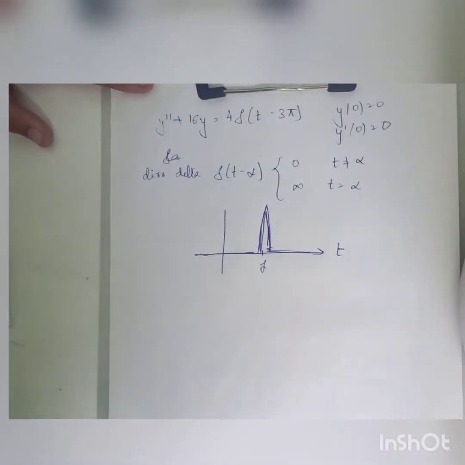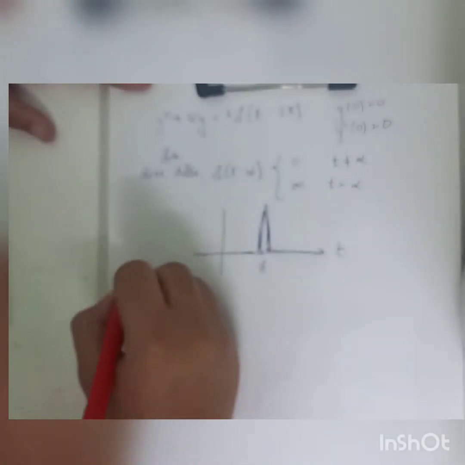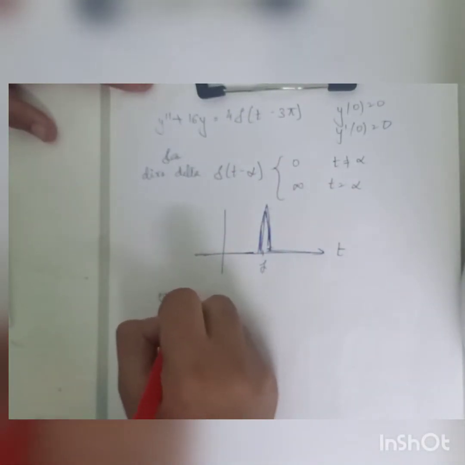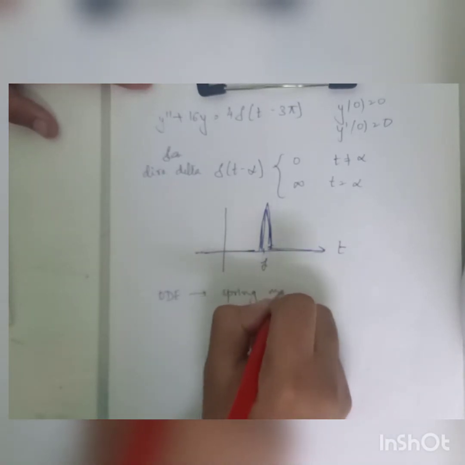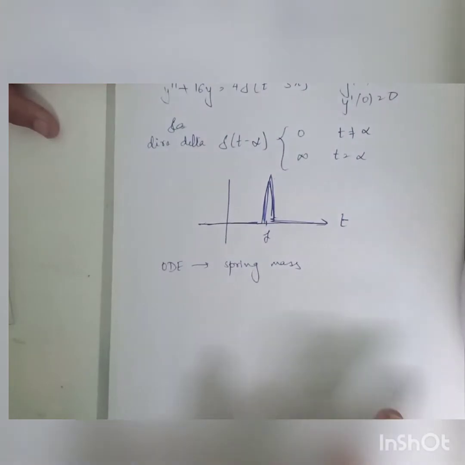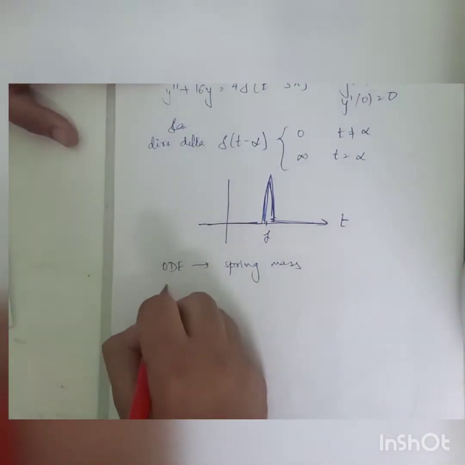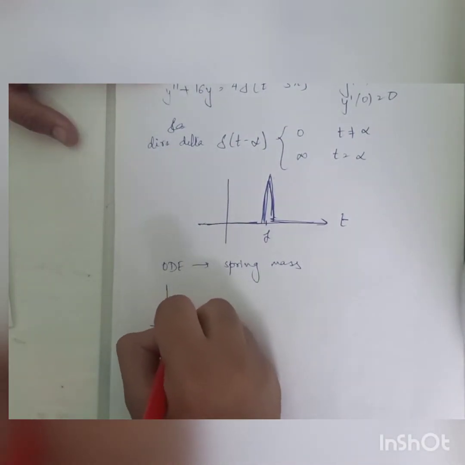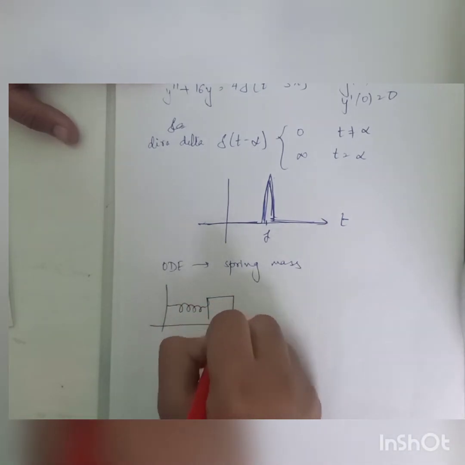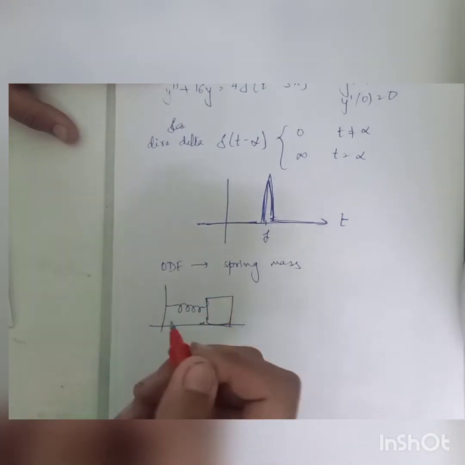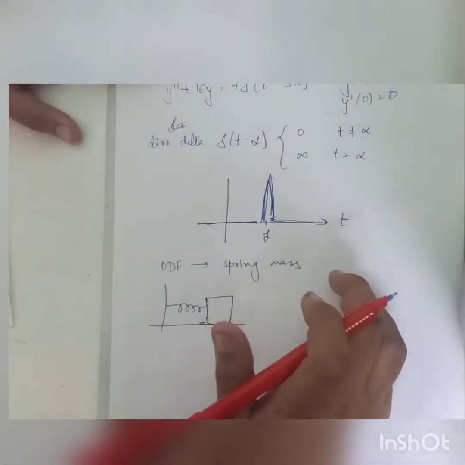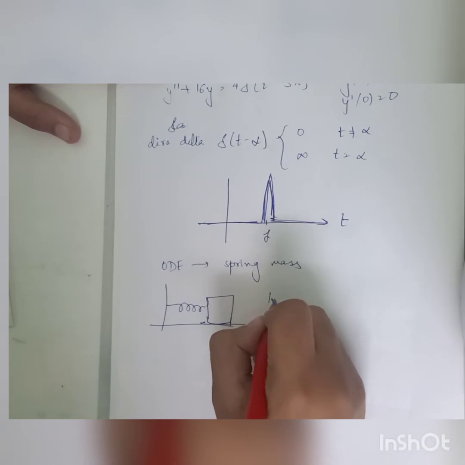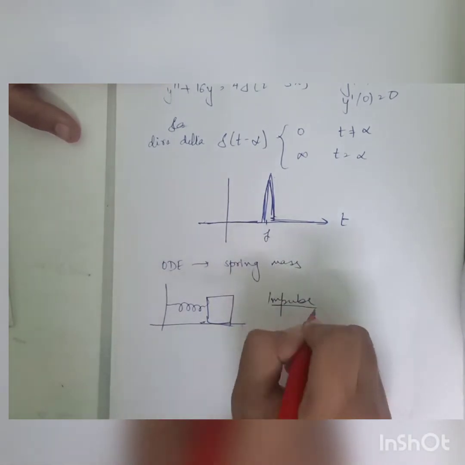A practical example would be a spring mass system in ODE. If we have a spring and a box, and it is stretched and released suddenly, then it will produce an impulse.